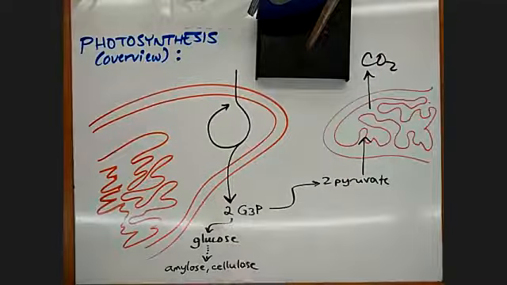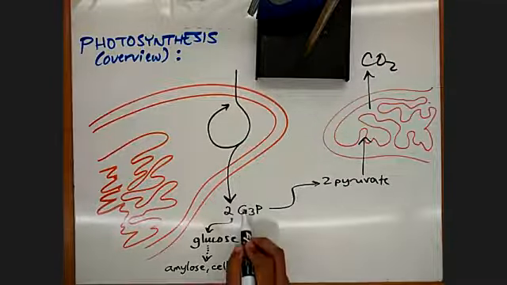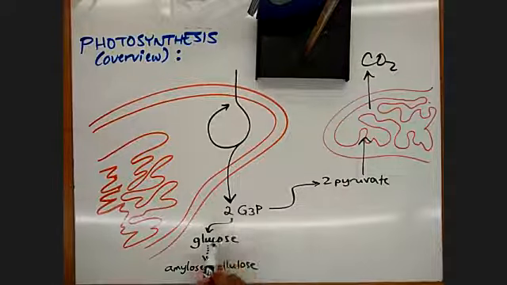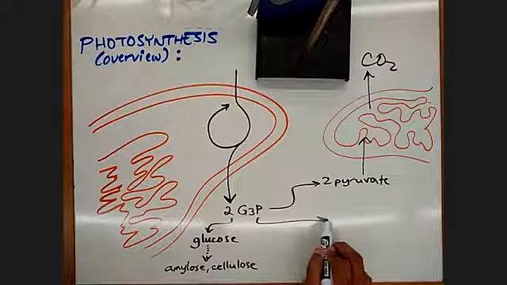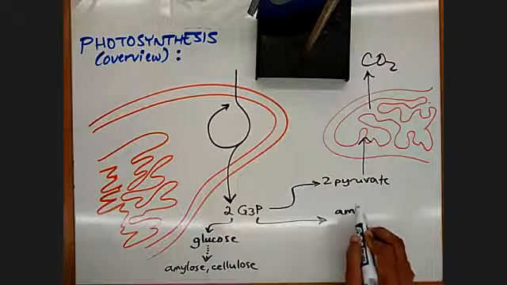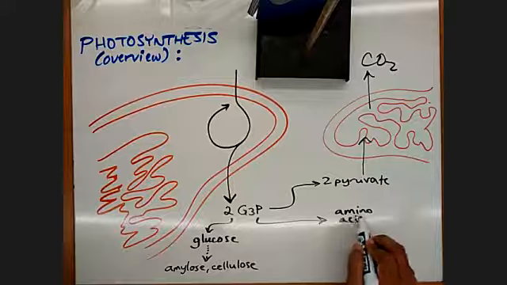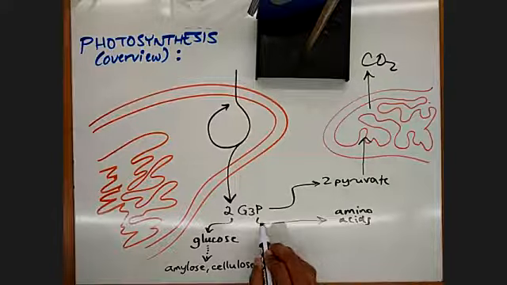But the majority of sugar that's produced by a plant is for growth. Again, the purpose of doing this is that you can make all the molecules you need to survive and grow. So that means making your starches for storage, making your fibers for cell walls. That means making amino acids. That means making phospholipids.